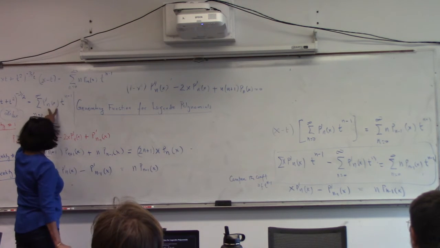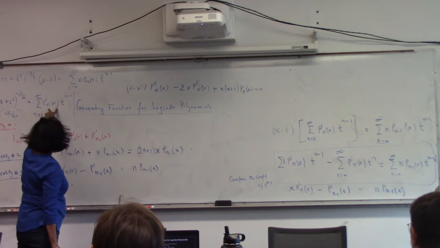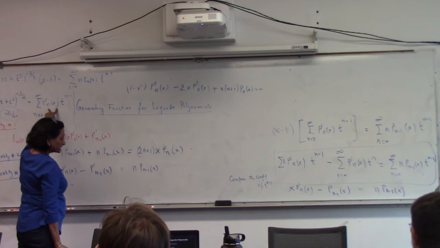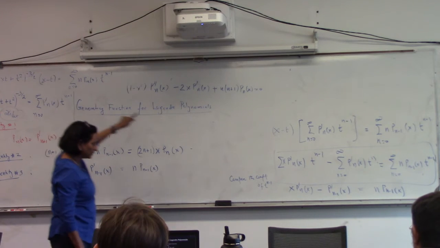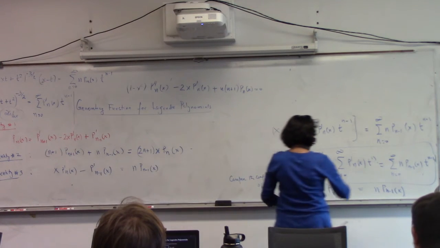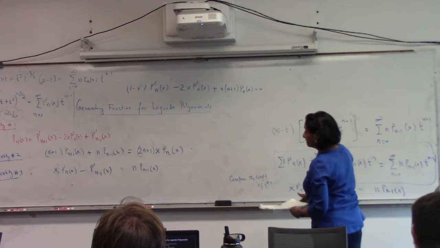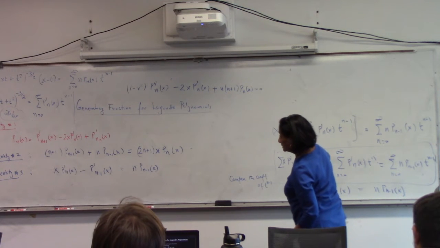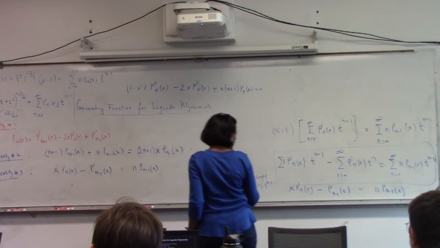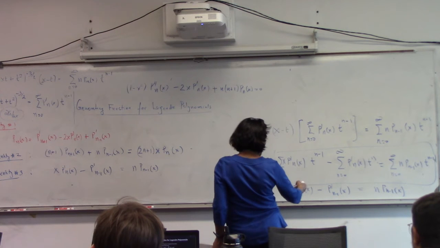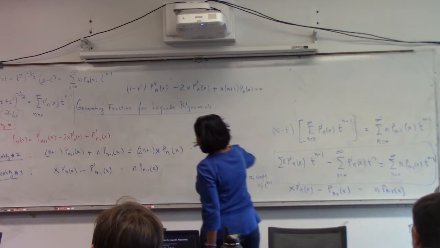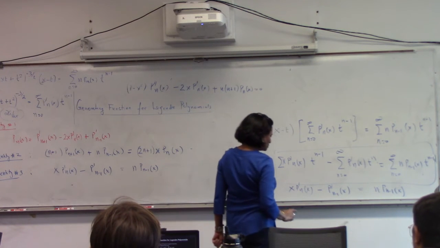So I substitute for that. Fine. (x minus t) times t to the power of n plus 1, so that one became n plus 1, and t became t to the power of n. So that became that, and n P n(x), so that is that.